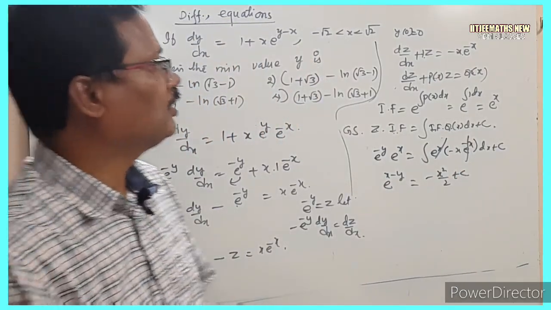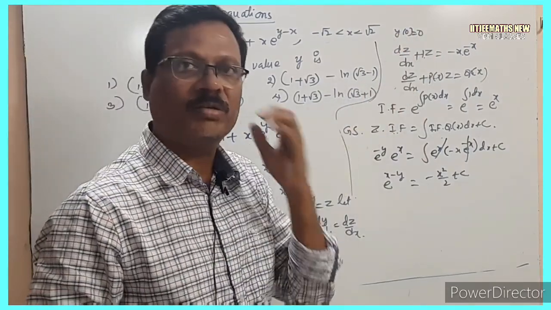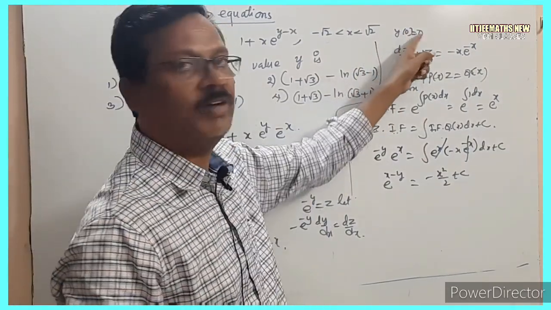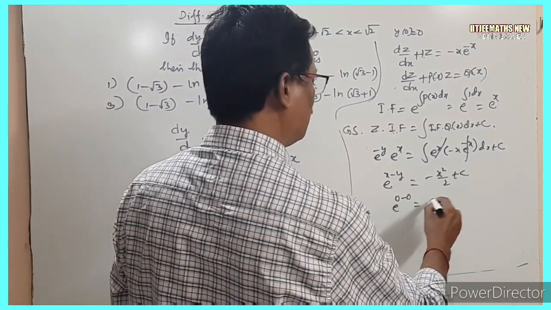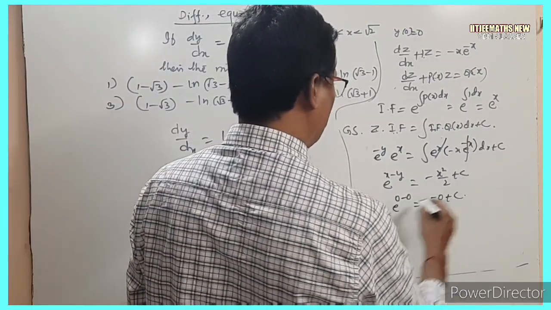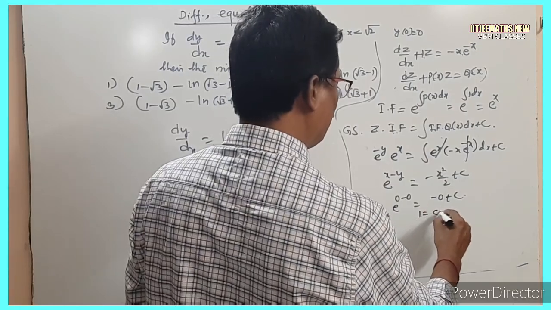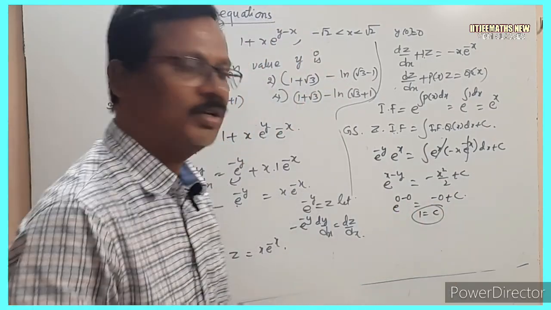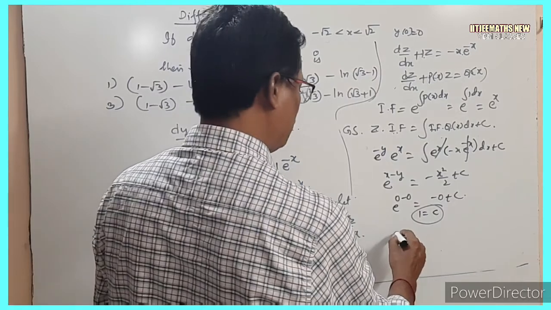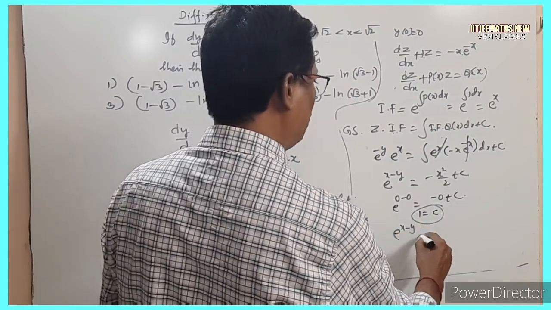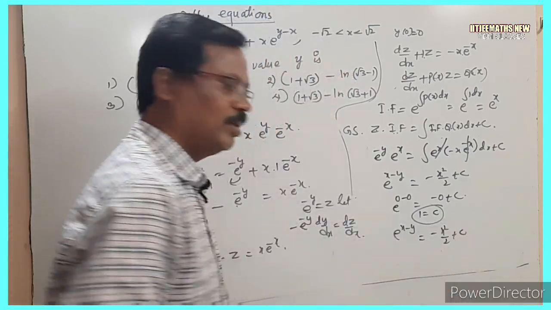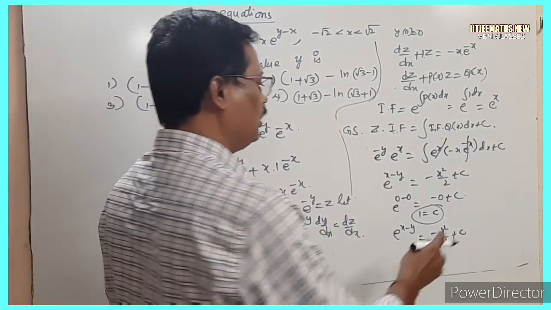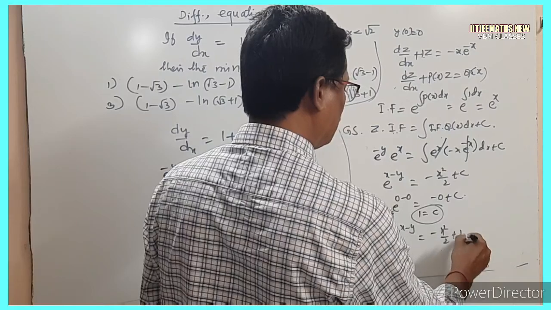Then how do we get the constant? y of 0 is 0 is given. If x is 0, y is also 0. Therefore put x 0, y 0 in this. Therefore e power 0 is 1, so c is equal to 1 we got. Therefore e power x minus y is equal to minus x square by 2 plus c, where c is equal to 1.